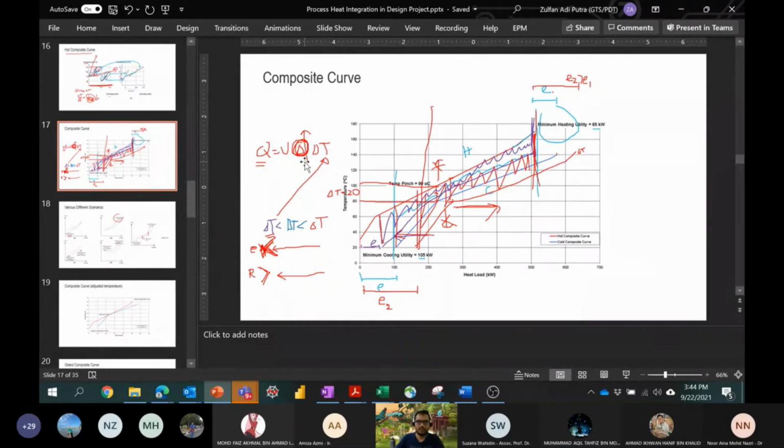But the next question is more interesting. Do we have guidelines on this delta T? There is a guideline. But again, this guideline is only a guideline. It will be different from plant to plant, how old the plant is, what kind of modifications have been done, and what the current situation of the plant is.